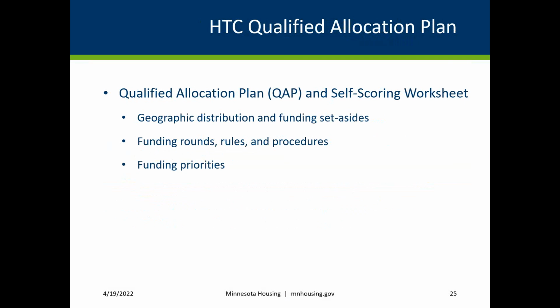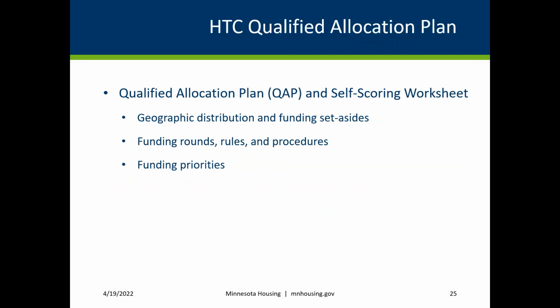The IRS requires every HTC allocator to have a plan for allocating credits to developments, which is the Qualified Allocation Plan, QAP. There are certain IRS and state requirements for what must be included in the plan. For example, every allocator must provide preference for projects located in low-income areas that contribute to community revitalization.